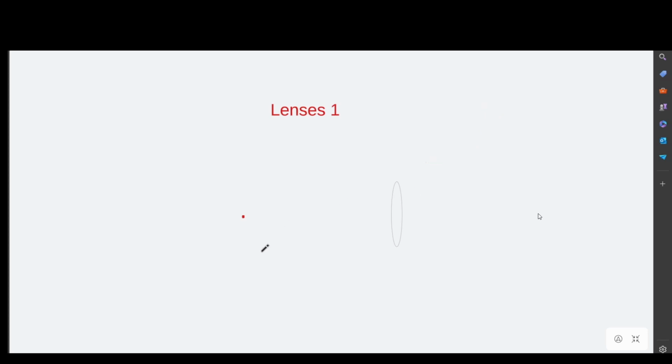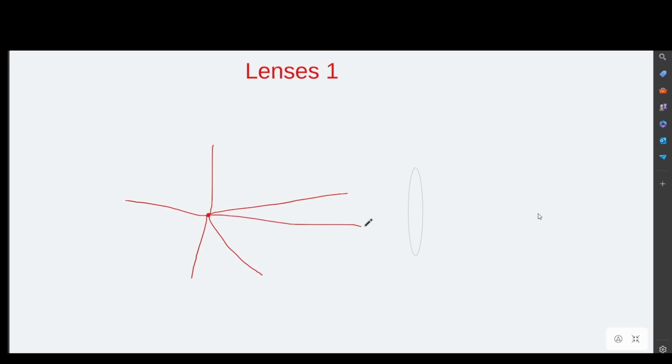So here is our object, and here is our lens. Very simple. If you're familiar with objects in your everyday life, you will know that you can see an object from any angle, provided there's nothing in the way. So that means there is light coming off that object there, there, there, and so on.